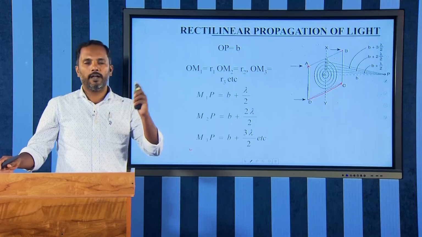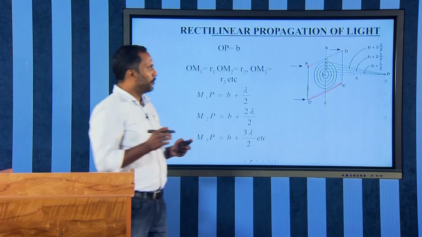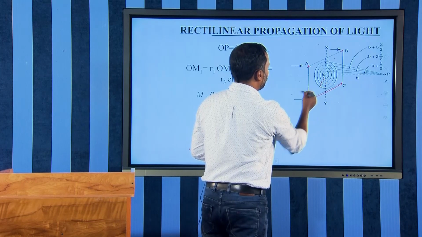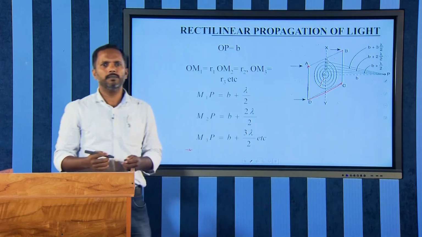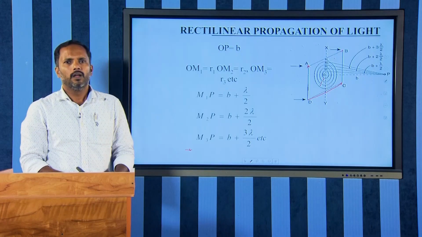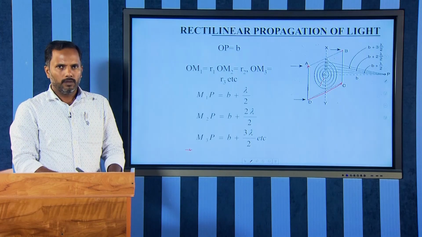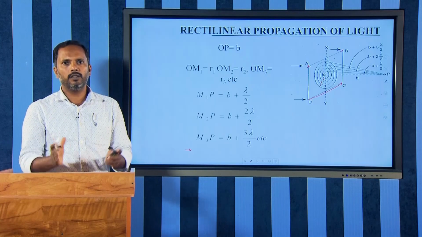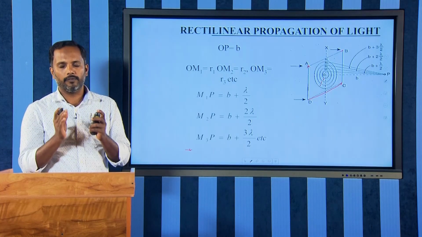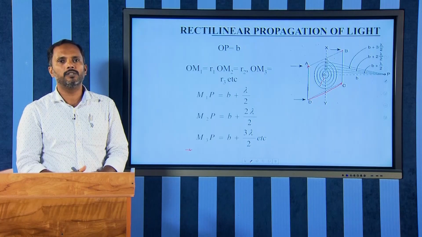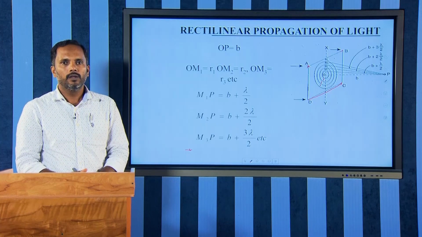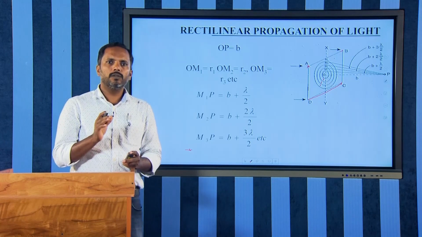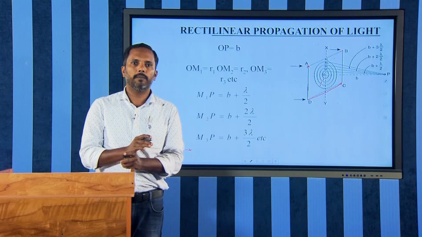So, first of all, we have divided this wavefront into small zones, many zones we can consider here. Now, we have to find the effect due to all zones at point P. Now, you remember each zone creates a path difference of lambda by 2.